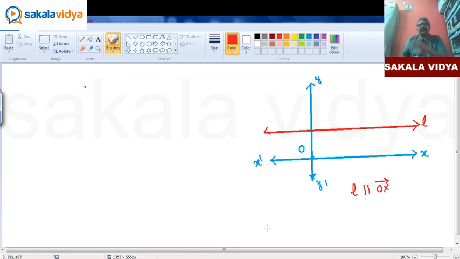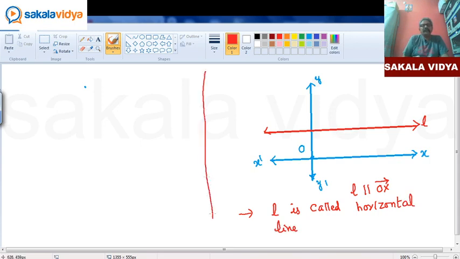So then L is called a horizontal line. Now here one question: what is the angle of inclination of the horizontal line? Since the horizontal line is parallel to the x axis, the angle of inclination will be 0 degrees.